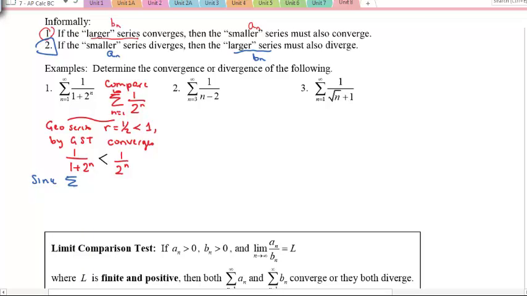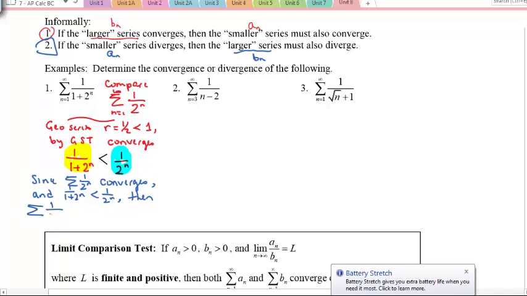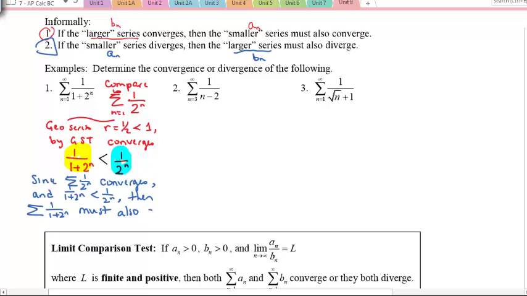Since the sum of 1 over 2 to the n converges, by the geometric series test, and you just told me that 1 over 1 plus 2 to the n is less than 1 over 2 to the n, so think of the lesser one as your a sub n, think of the bigger one as the larger b sub n, then what you can say is then I know that the sum of 1 over 1 plus 2 to the n must also converge.